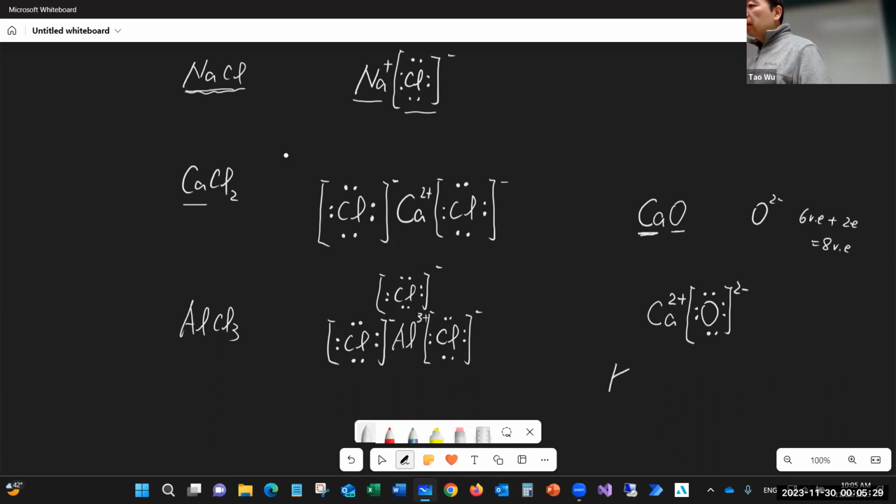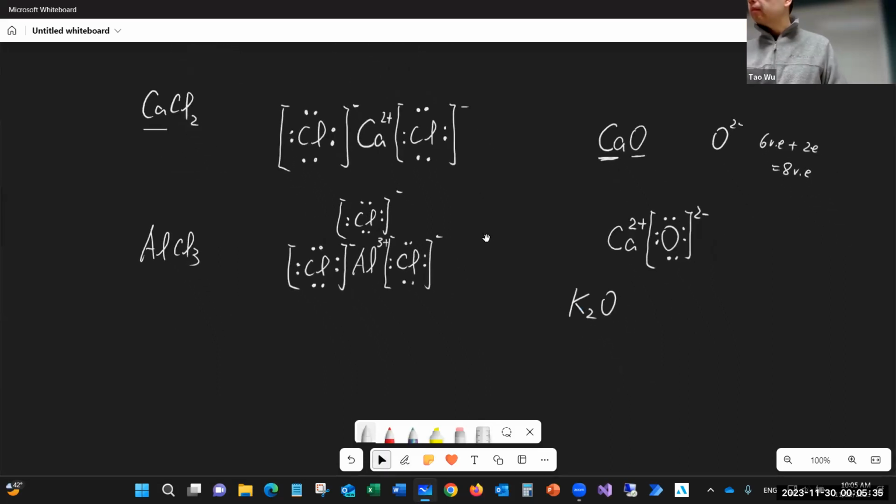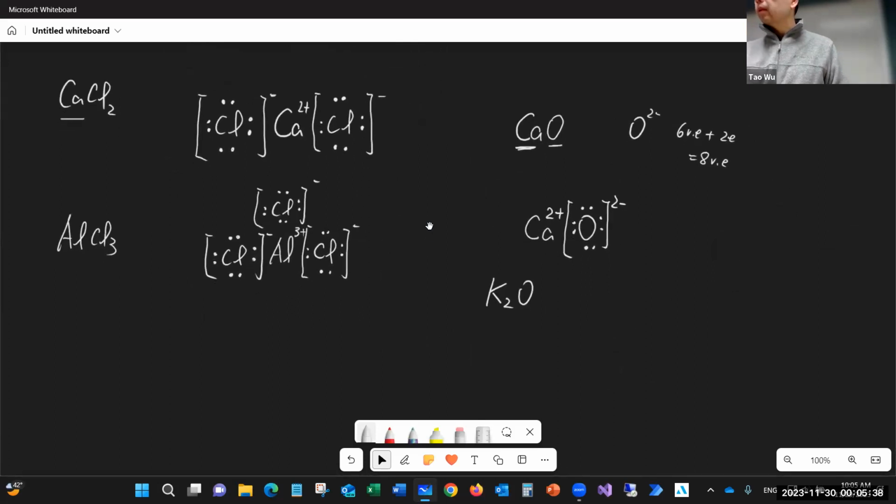Okay, so how about potassium oxide? Make sure you identify which one is the central atom and which are the side atoms.